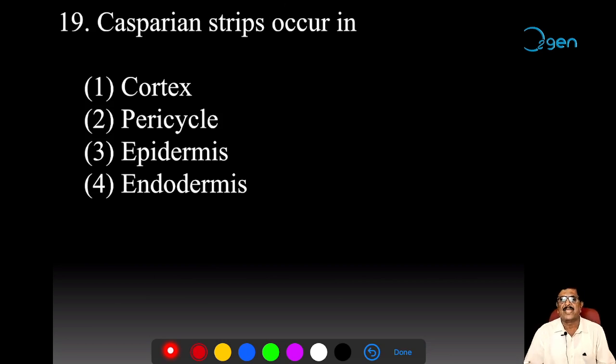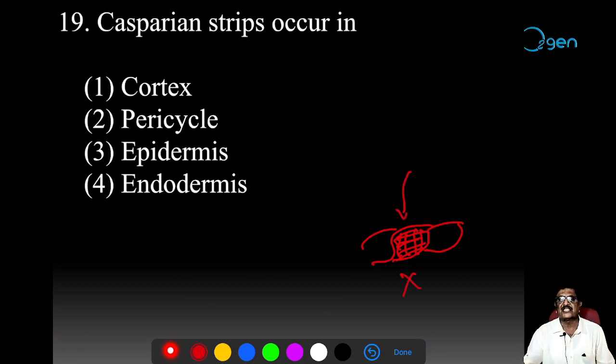Question 19. Casparian strips occur in. In the root, the endodermal cells are covered by a special type of arrangement like these ones, Casparian strips. They become thick walled and do not permit the entry of water from cortex to the xylem.